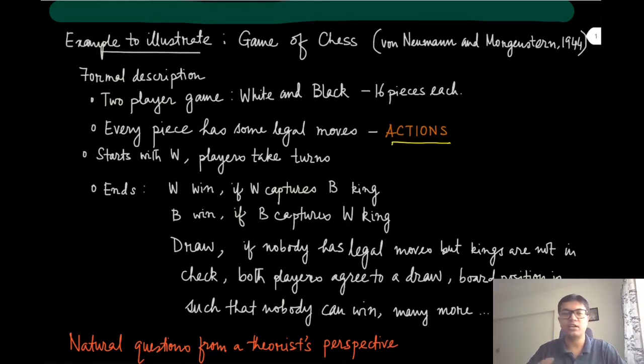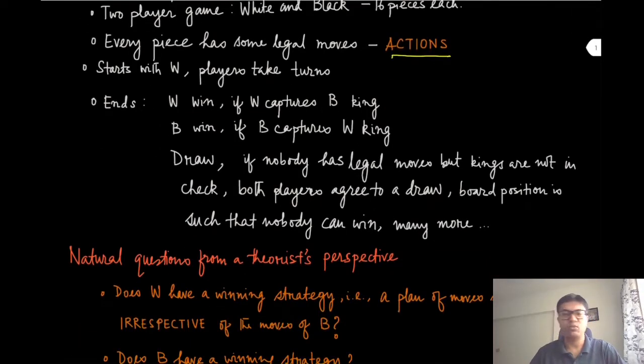You can see a complete listing on the official chess games page. Here we are making things a little more informal. Nobody has a legal move, but the kings are not in check. Both players agree to a draw, or the board position is such that nobody can win, and there are many more. So all those things we are going to call a draw, where neither white wins nor black wins.